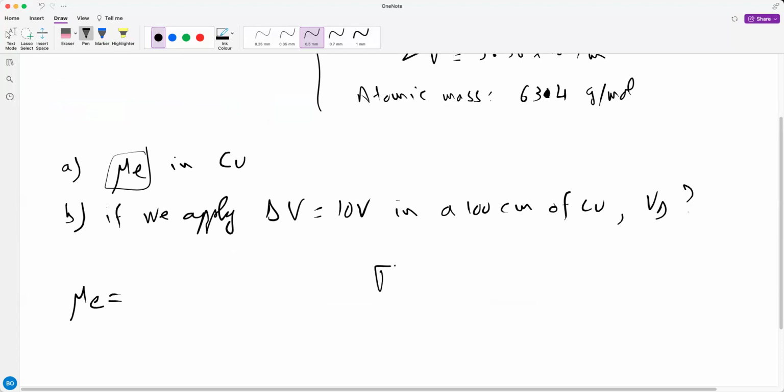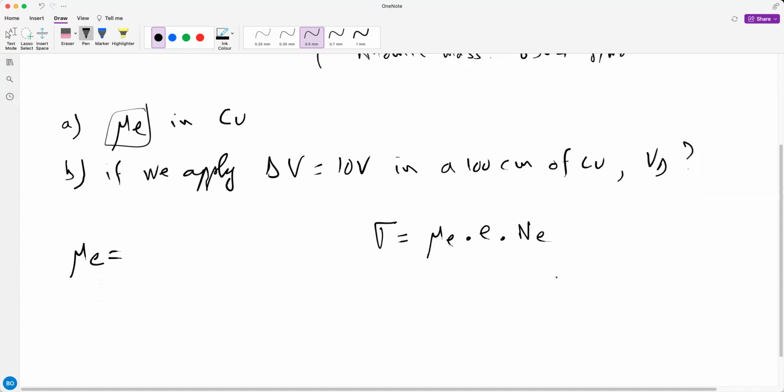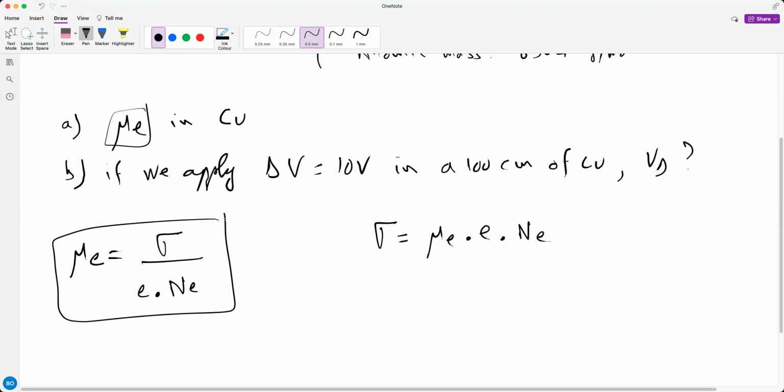We saw that sigma, the conductivity, is equal to the mobility times the electron charge times the number of free electrons. So the mobility will be equal to sigma, the conductivity, divided by the electron charge and the number of electrons. Are you following?